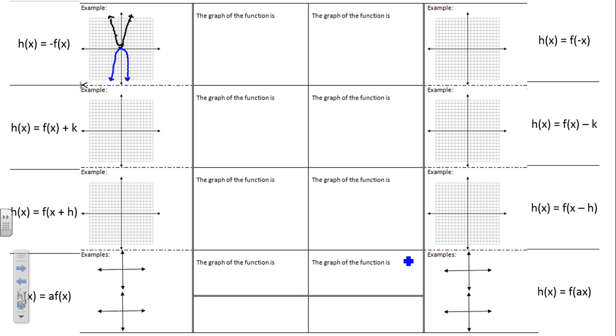So the graph of the function is reflected across the x-axis. Make sense?